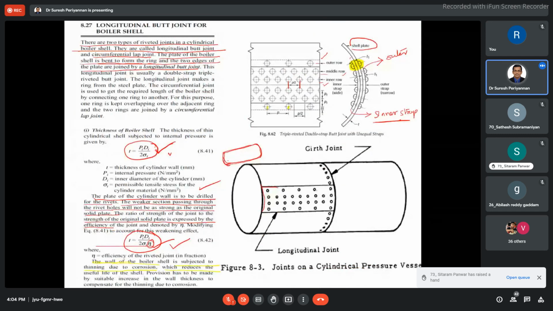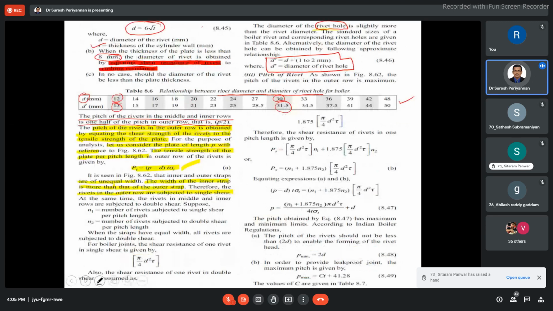But the other rivets are subjected to double shear. Based on that information, I'm considering N1 as the number of rivets subjected to single shear, depending on the width of the inner and outer strap plates, and N2 as the number of rivets subjected to double shear.